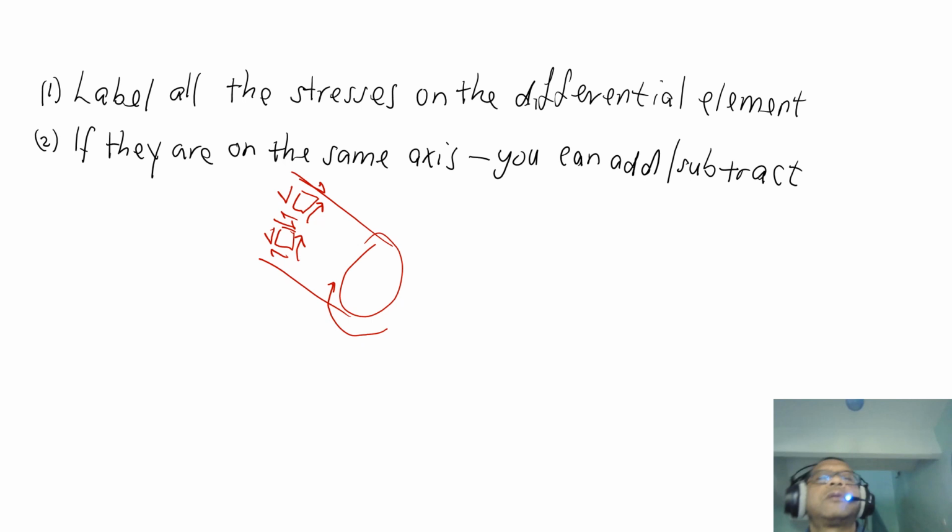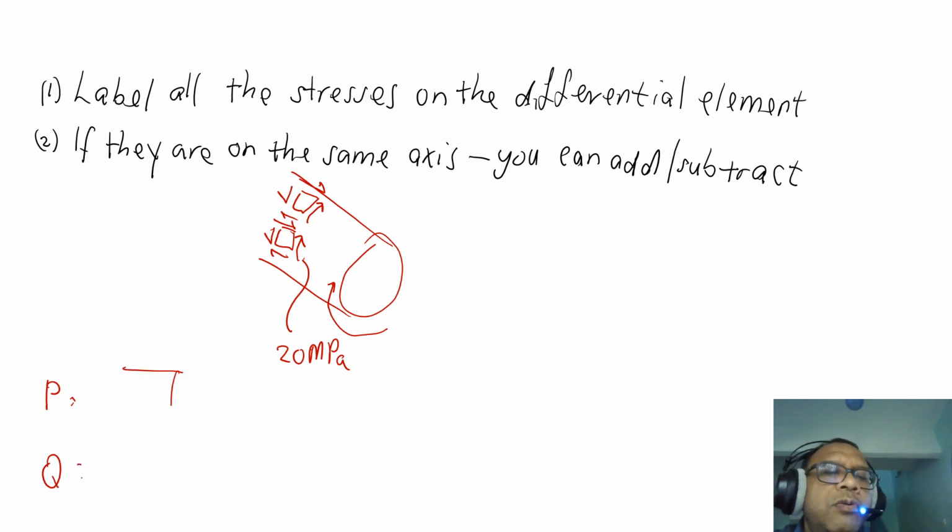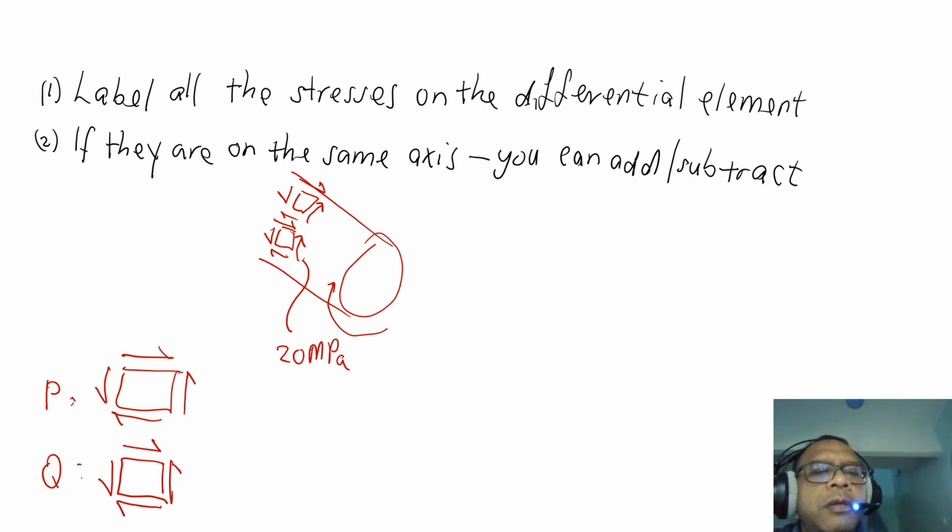Just now we have calculated that to be 20 megapascal. For point P and point Q, if we draw it like this, it is like that. Okay, so it's 20 here, 20 there, maybe the units.